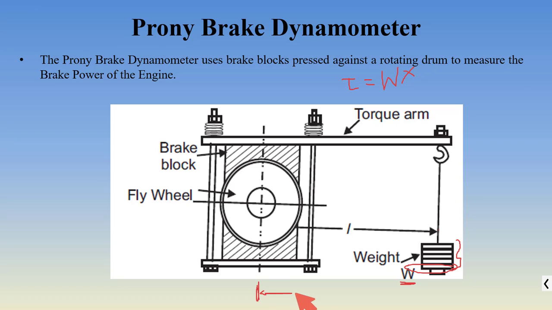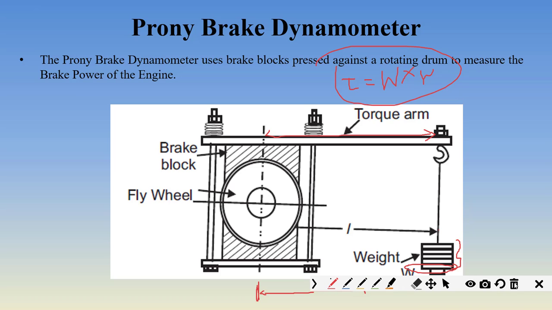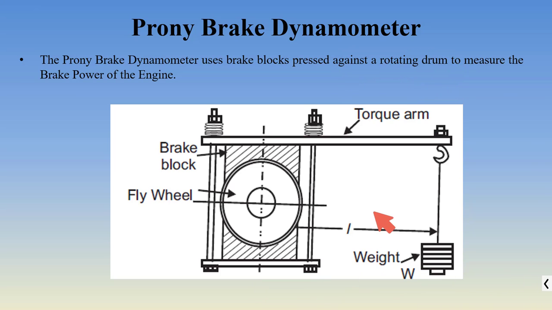It is the distance from the center of this drum to this weight. So weight into radial distance, the length of the torque arm. This is the amount of torque applied by the Prony brake dynamometer. So this Prony brake dynamometer absorbs the power developed by the engine in what form? It absorbs the power created by the engine in the form of friction. What is the friction between?